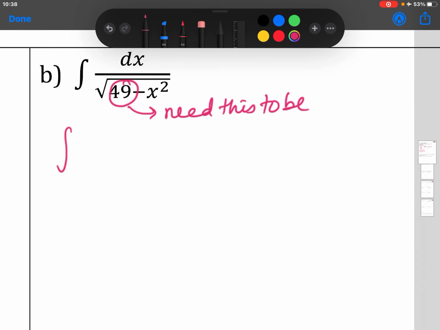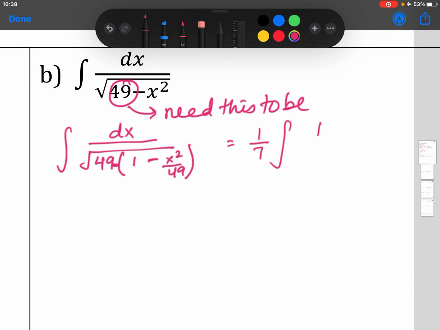So I'm going to, this would be dx, and I'm going to pull out my 49. Right, my GCF is 49, so 1 minus, so this would be what? X squared over 49. So now, this is multiplication. Square root of 49 is 7, so can I not pull out my 1/7?